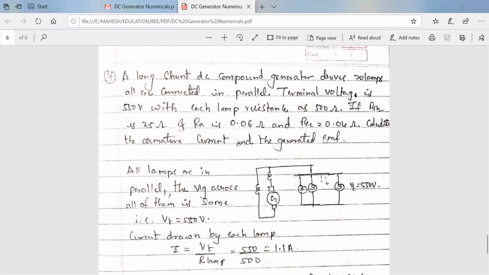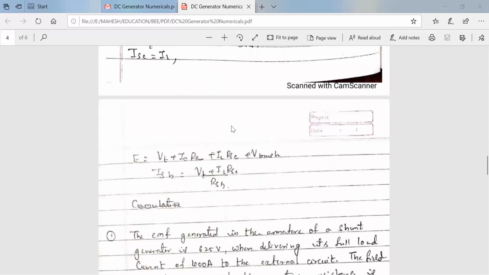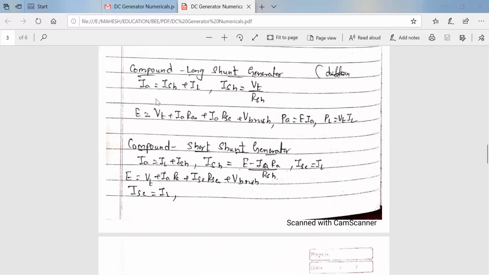As it is a long shunt DC compound generator, the formula will be Ia is always equal to Ish plus IL, and Ish is given by Vt divided by Rsh, and total EMF is Vt plus voltage drop across the armature and series winding plus Vb.